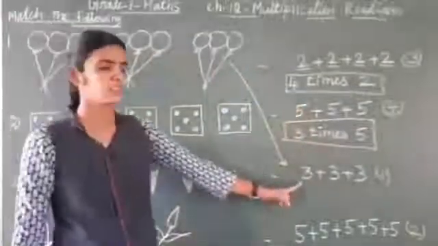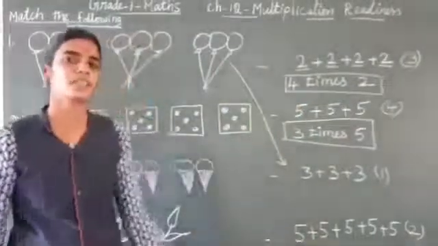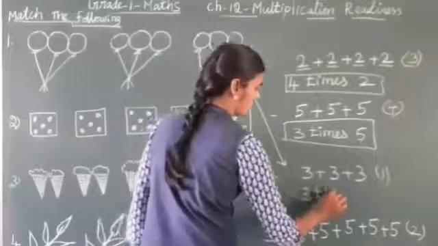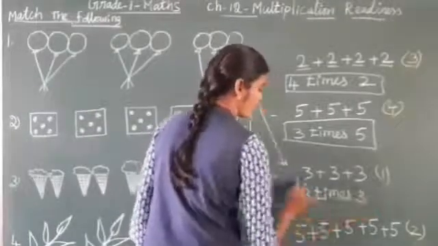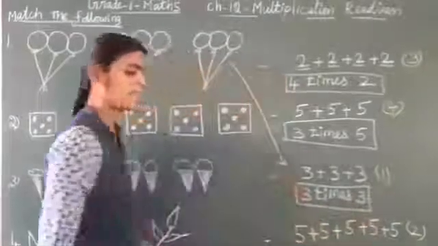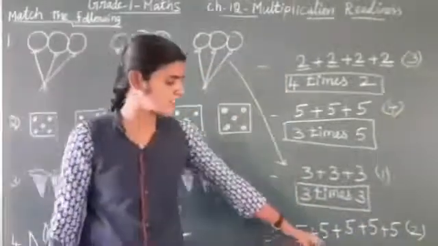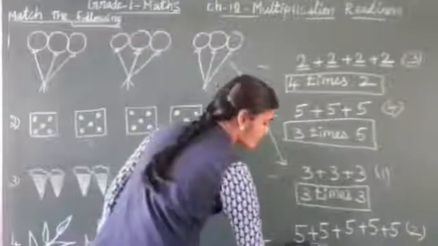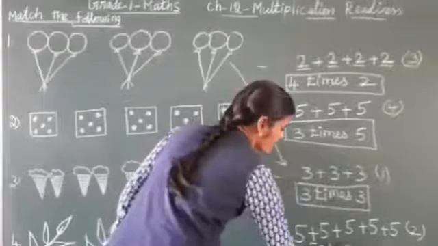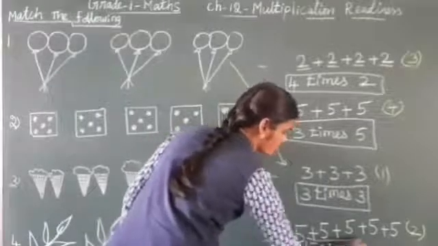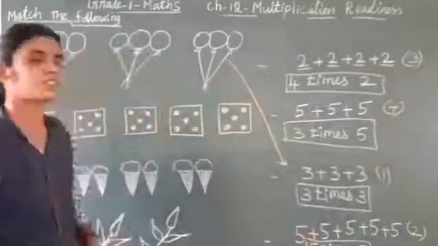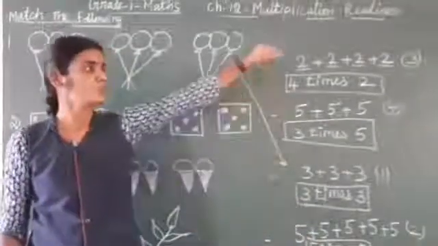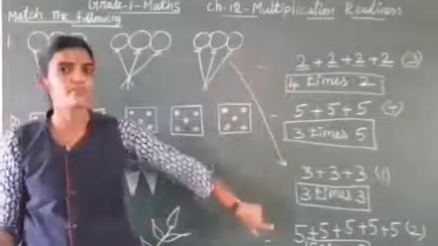Next, 3 times 3. Clear? Next, how many times is this 5 repeated? 5 times 5. So this is the right way to make a multiplication sentence using the repeated addition form.